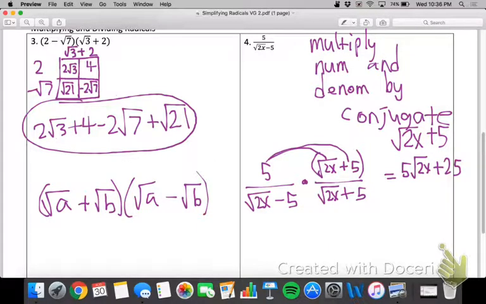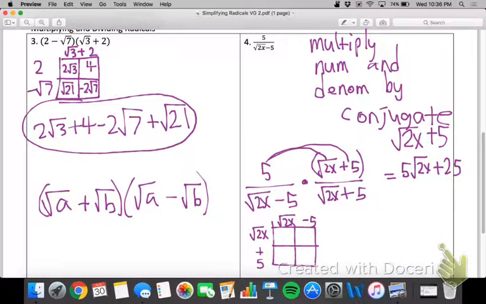For the denominator, let's go ahead and use the box again. So we have square root of 2x and plus 5, and then square root of 2x minus 5. So in this first box, I have square root 2x times square root 2x.